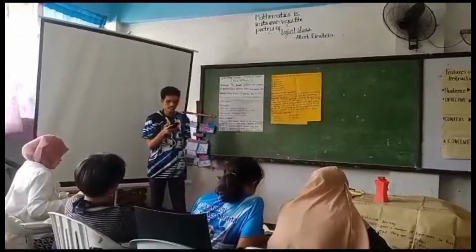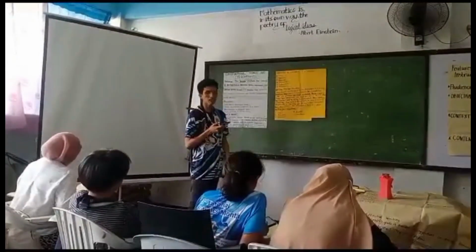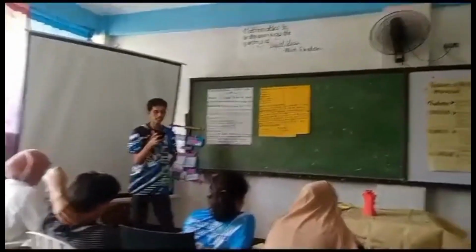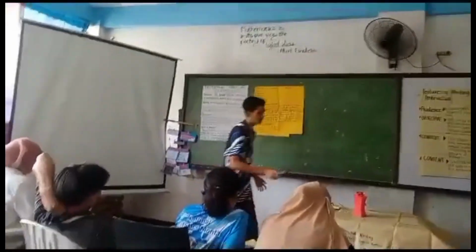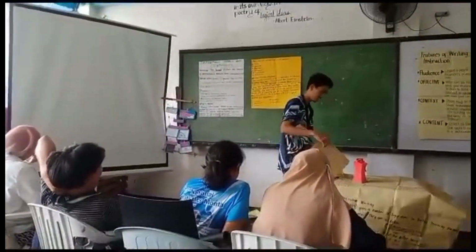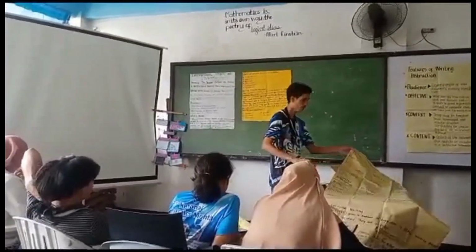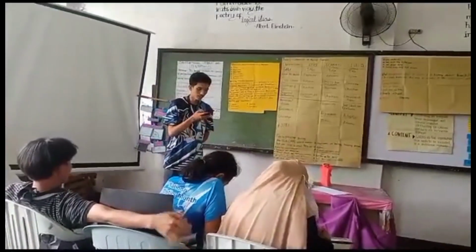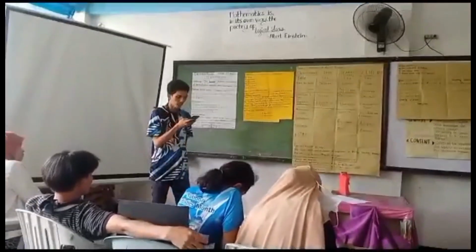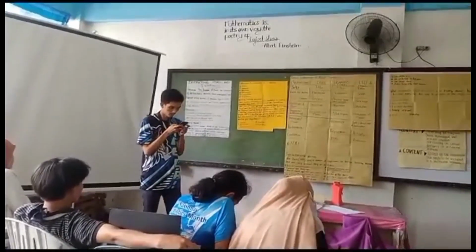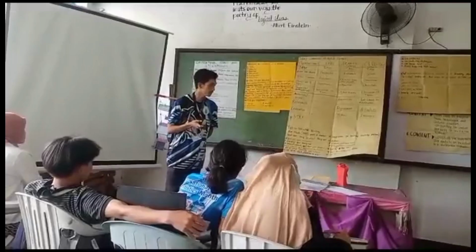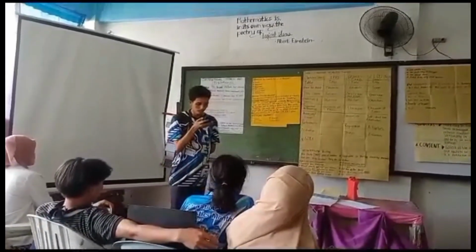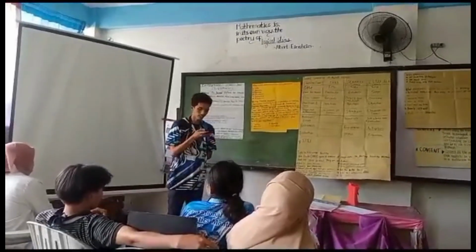S stands for specific, M is measurable, A is for attainable, R is realistic, and T is time-bound. So let's proceed first. What are the specific, measurable, attainable, realistic, and time-bound?